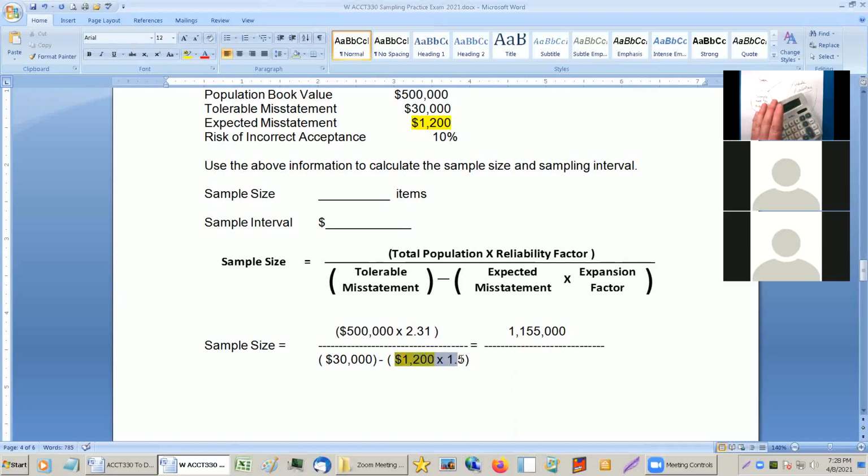So this is 1,200 times 1.5. 1,800. 28,200.